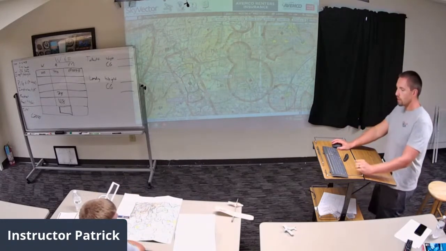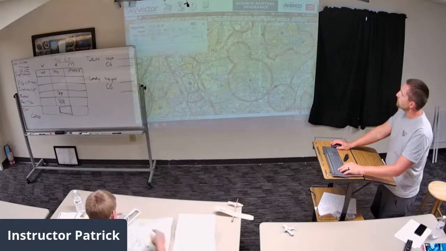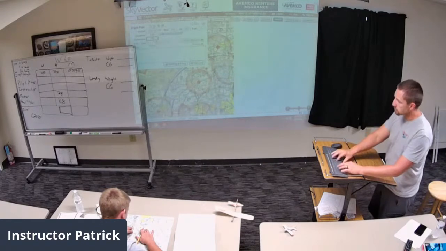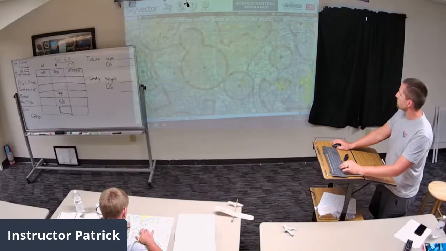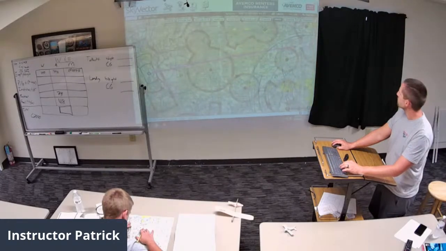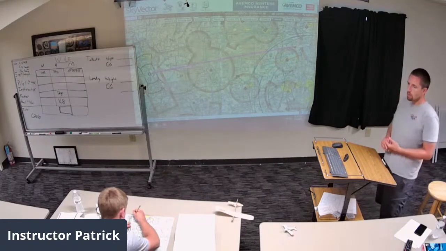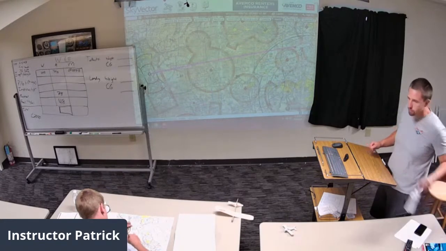So, Aiden, why don't you draw a line using your plotter from Lake Norman to Asheville, and I'm going to do the same thing on SkyVector. These are some of the real world tools that we will use later on during our flight training. There.